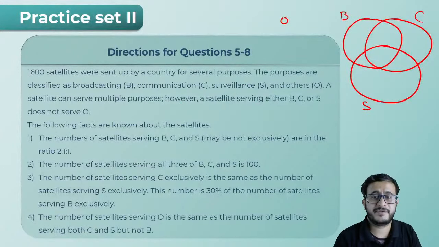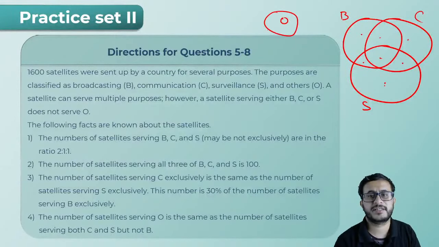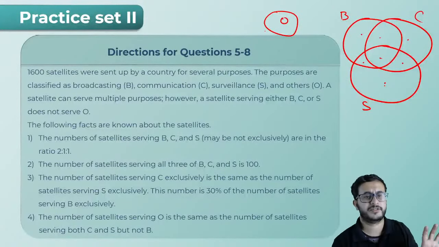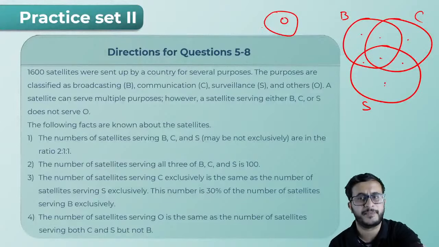A satellite serving either B, C or S does not serve O. So even if it is serving one of these, it will not be in O. So O is a separate Venn diagram. Or if you prefer not to draw a circle, you can just let it be isolated as well. If it is serving any of these three purposes, it cannot serve O. So O is a separate entity.